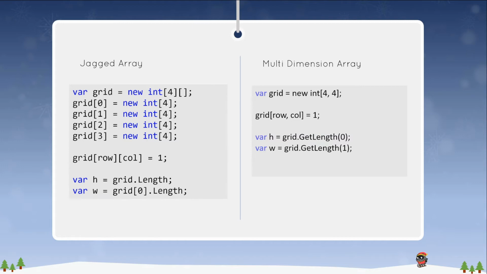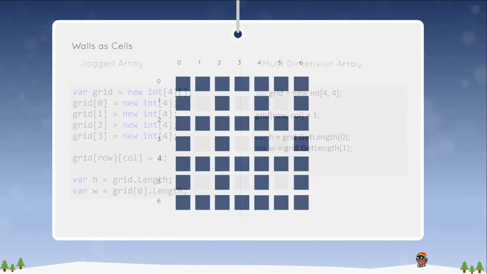We can't just ask for the length because we might have many dimensions. So we have to actually use the GetLength method, passing either 0 for our height or 1 for our width. But overall, the multidimensional array in .NET Core and .NET 5 and 6 is a much more efficient way than using a jagged array. There's less steps involved when it gets converted to IL.